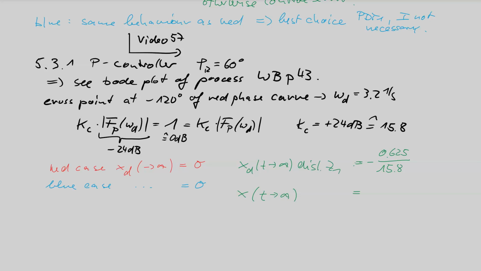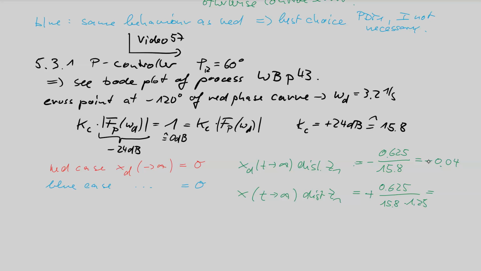Disturbance Z1 is negative 0.625 divided by 15.8 divided by 1.25. This value can be calculated to negative 0.04, that is 4% disturbance error.